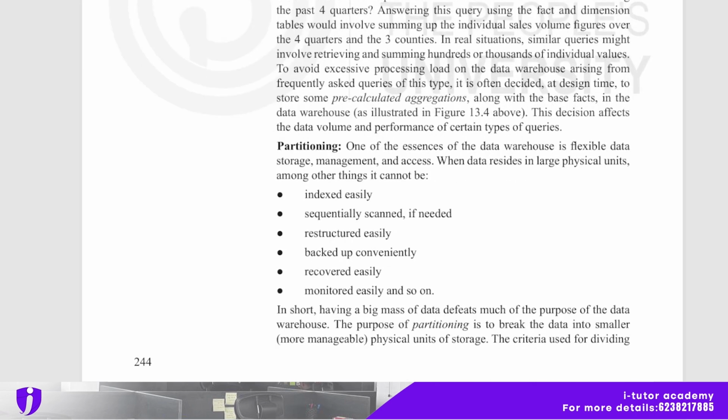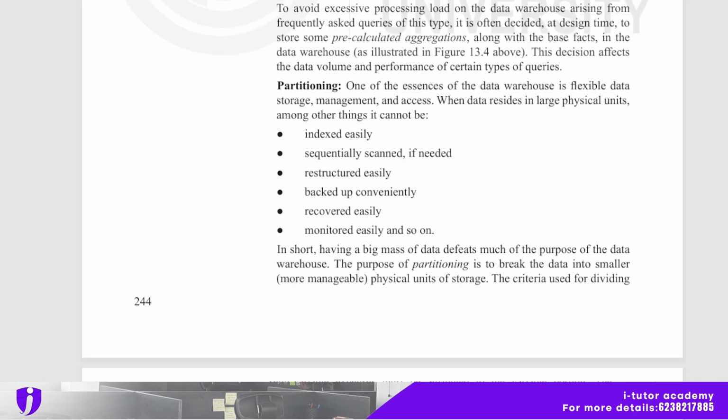And partitioning. One of the essences of the data warehouse is flexible data storage management and access. When data resides in large physical units, among other things, it cannot be indexed easily, sequentially scanned if needed, structured easily, backed up conveniently, recovered easily, monitored easily, and so on.